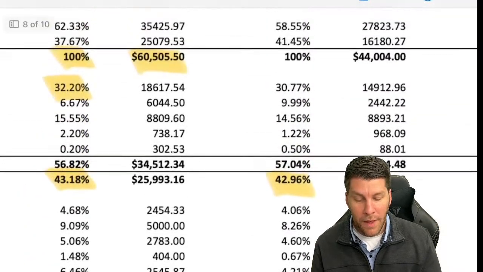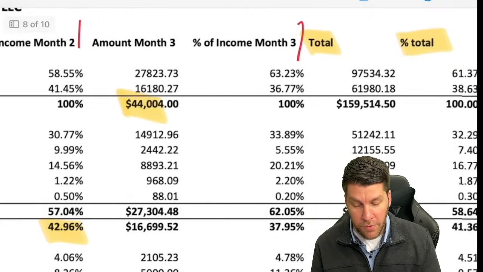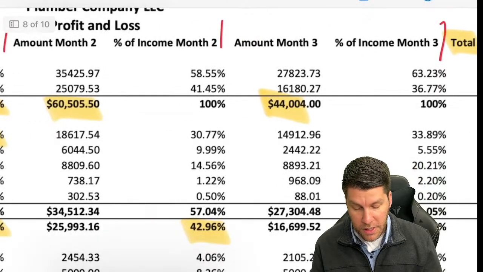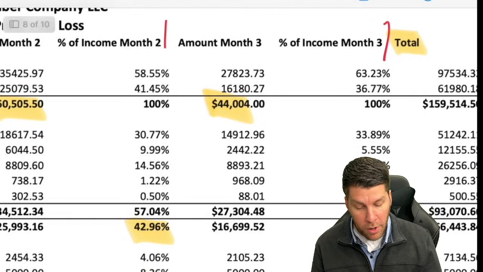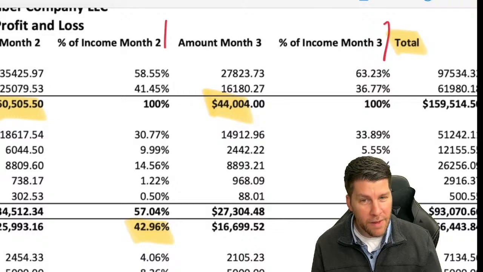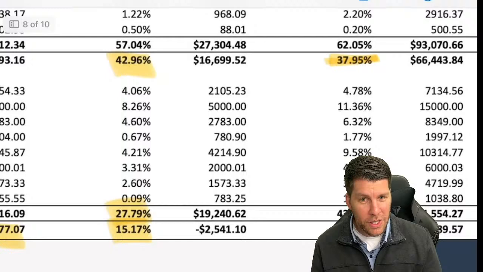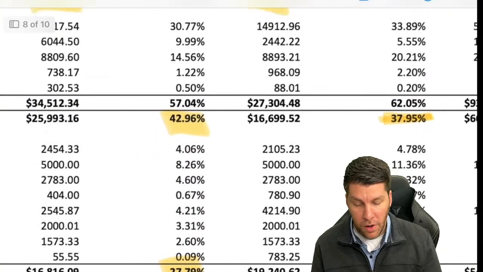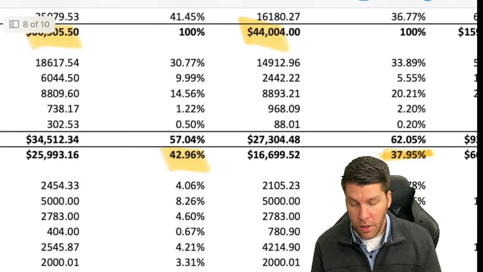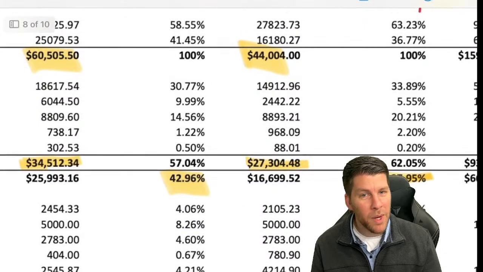Then let's go on to month number 3. Okay, now sales are down to 44, and they were 60 before. Our gross profit margin is now down to 37, and it was 42 before. So that's not good. If we actually go to the numbers of our actual COGS, 34,027, so it did go down, but our income went down a lot more.